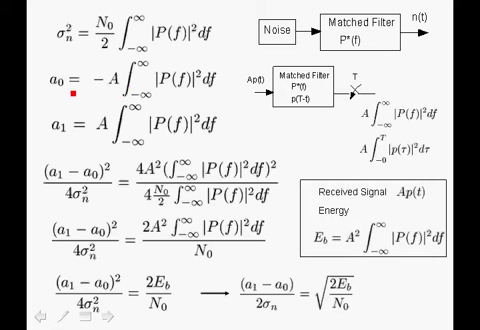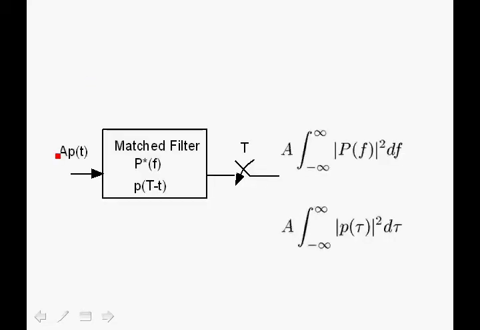a0, recall, was equal to minus A, since we're sending a minus 1 symbol, times the integral of the magnitude of P(f) squared df. Now recall that, as shown over here, when we send the signal A p(t), or in the case where we send the minus 1 symbol, we have minus A p(t), and we pass it through the matched filter.